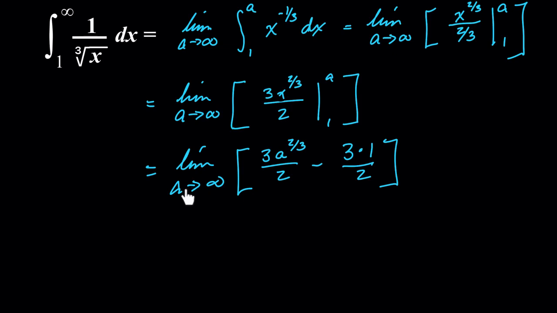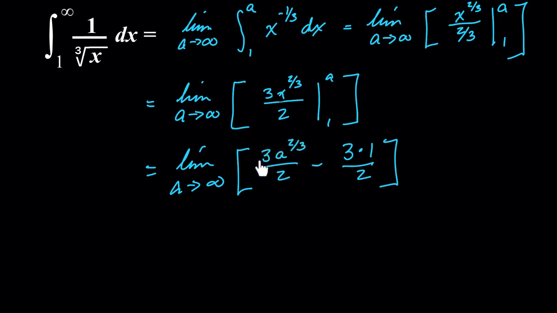The problem is right here: as a approaches infinity, because a is in the numerator, a will continue to get larger and larger and larger, which means this fraction is going to continue to get larger and larger, which means this part of our problem is going to diverge.